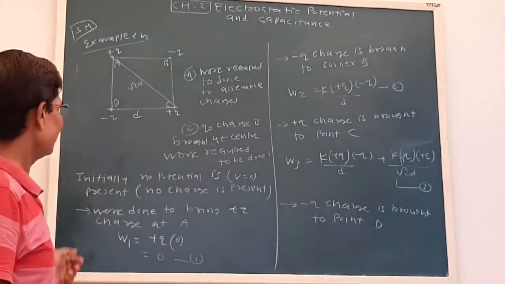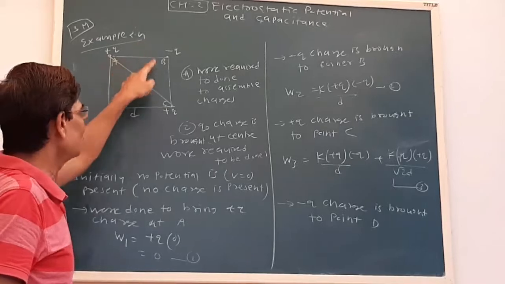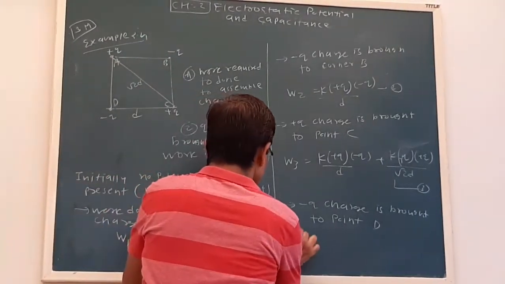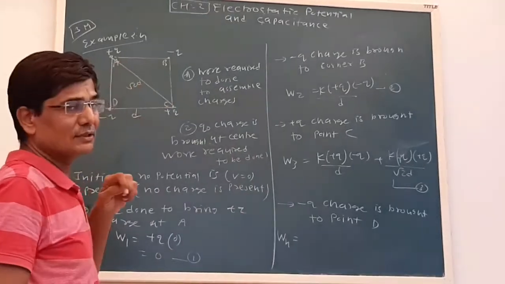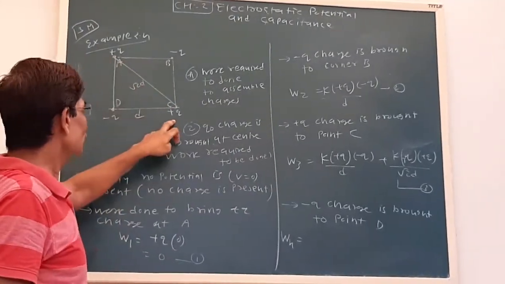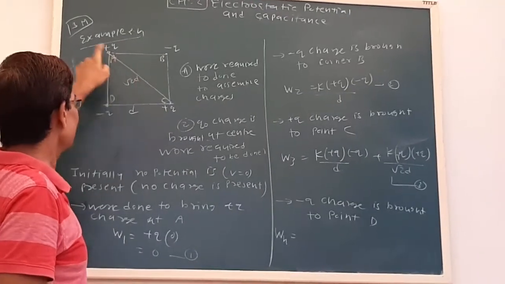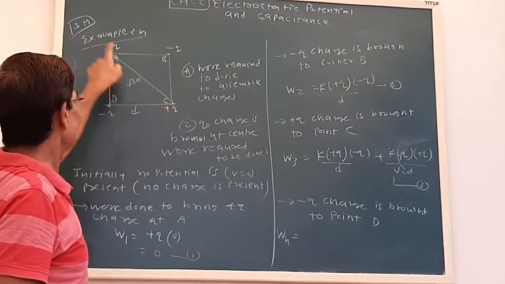So what we can see, the 1, 2 and 3 charges will produce the potential. So W4 is the sum between these charges: between 1 and 2, 1 and 3, and 1 and 4.